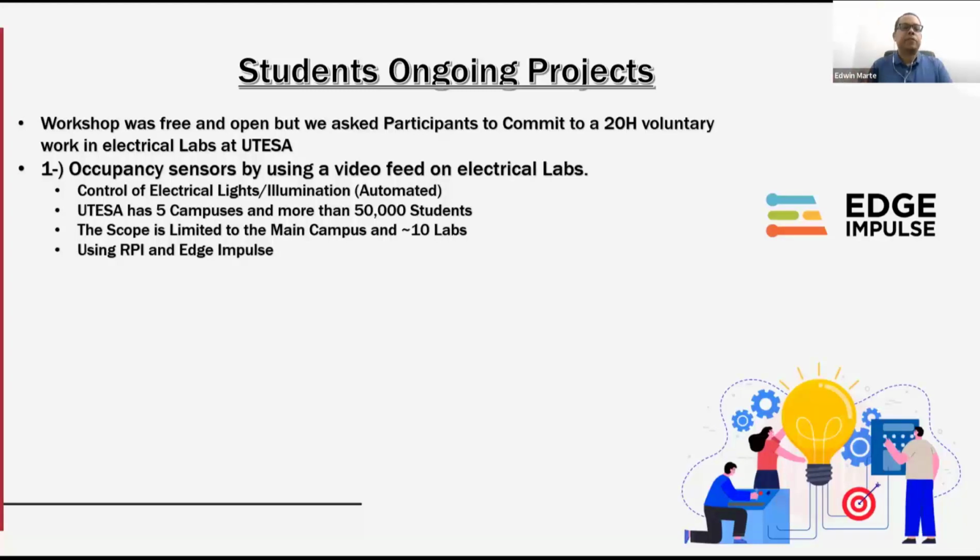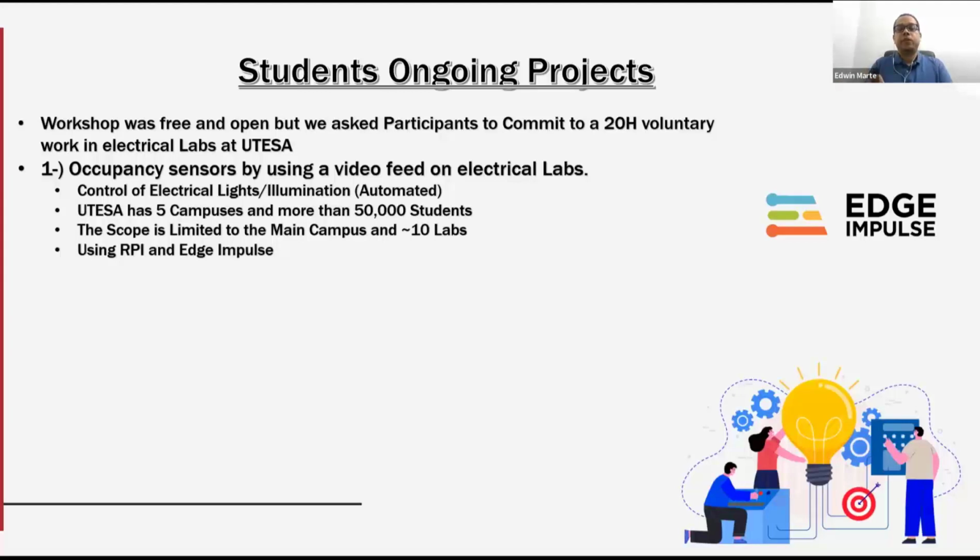UTESA has 5 campuses in the country and more than 50,000 students, but the scope is limited just to the main campus. So they want to control 10 labs. For this project specifically, as the cameras are on the network, they are planning to use a Raspberry Pi and Edge Impulse.